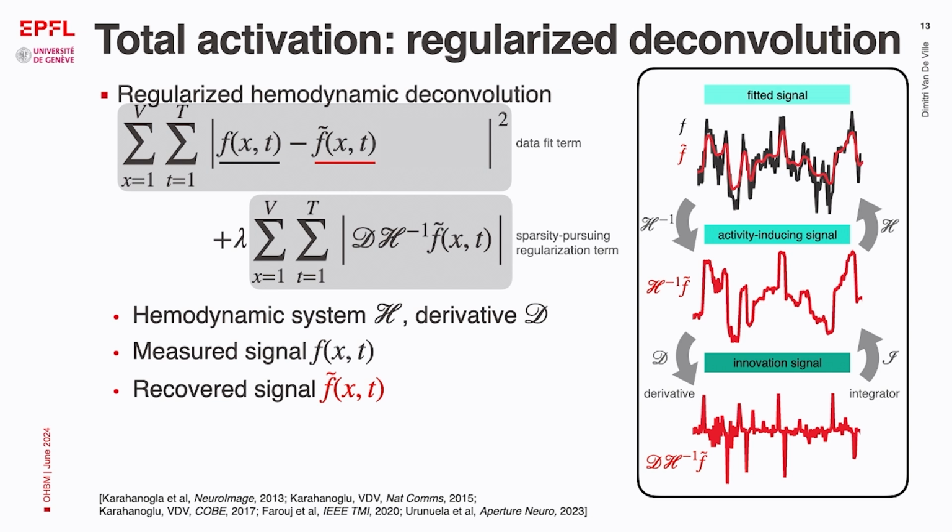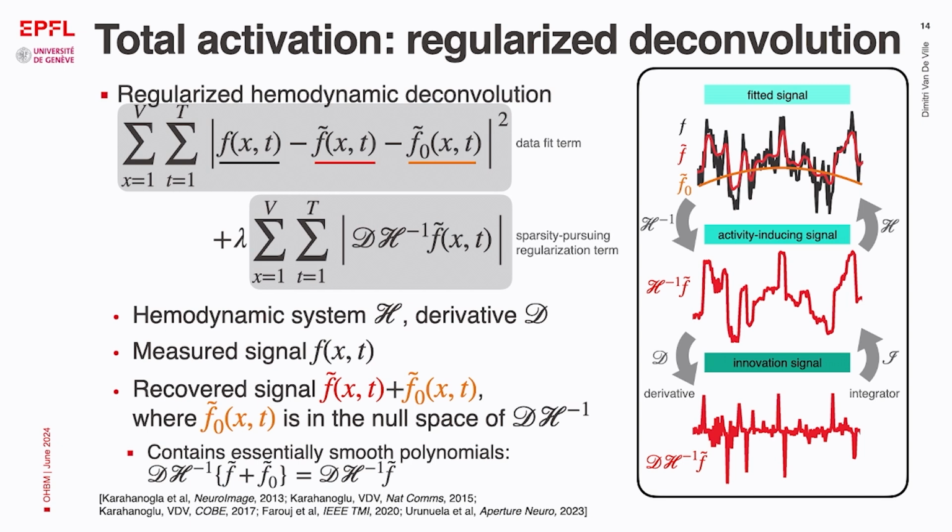So in other words, the bottom line is that this type of criterion will give you an approximation of your fMRI signal in such a way that the derivative of the inverse of the deconvolved signal is sparse, and that we call the innovation signal. That means that the transients in your signal should be, in essence, sparse, so localized in time in the end. Now, why do I tell all this?